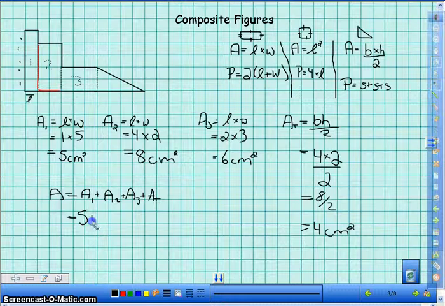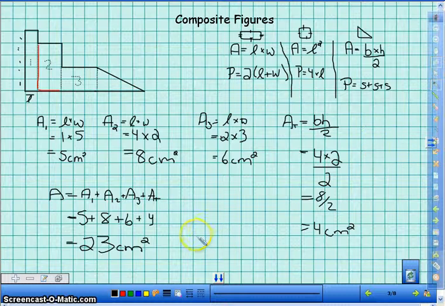So we have 5 plus 8 plus 6 plus 4, and then our final answer of 23 centimeters squared. And that's our area done.